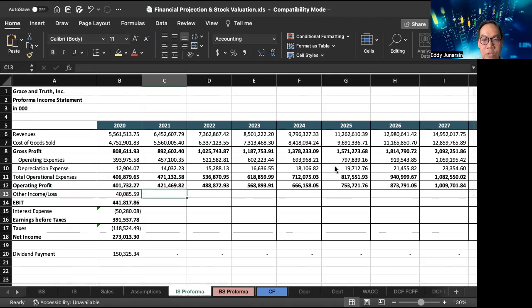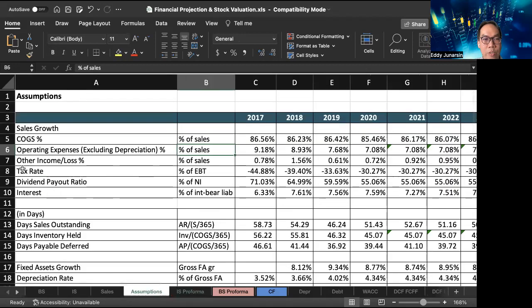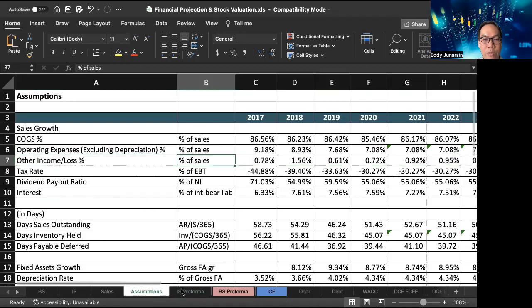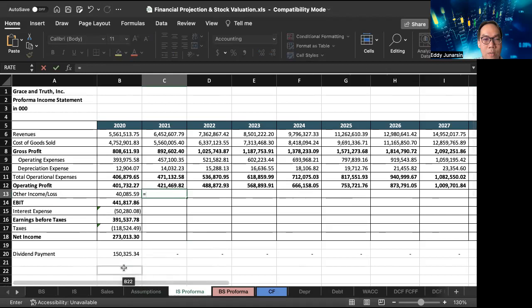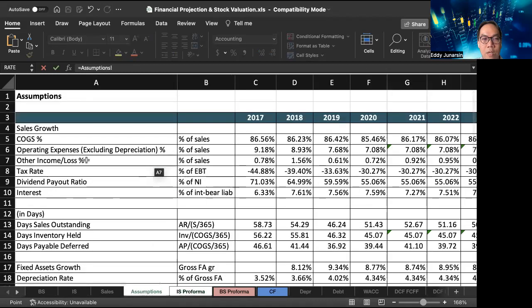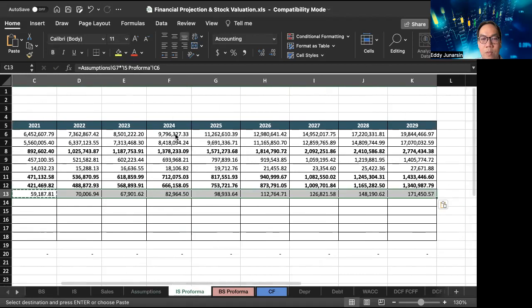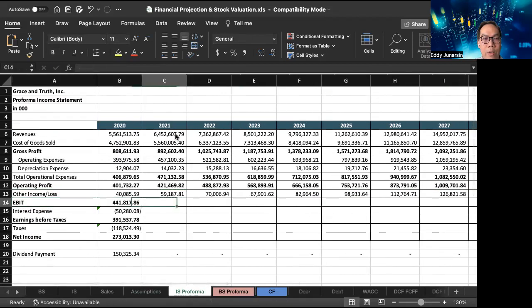Other income or loss. I think we have the projected ratios. Yeah, this one. This is percentage of sales. So other income or loss in 2021 would be this one times the projected sales in 2021. And we got the earnings before interest and taxes.